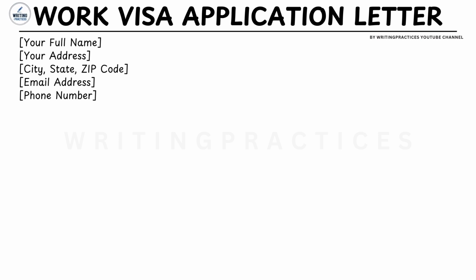For example, Michael Johnson, 456 Willow Street, Los Angeles, California, 90012, michael.johnson@email.com, +1 555 987 6543. Providing this information clearly ensures that the immigration office can easily contact you if needed.